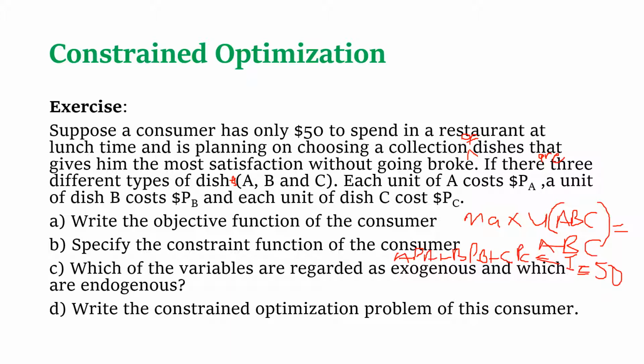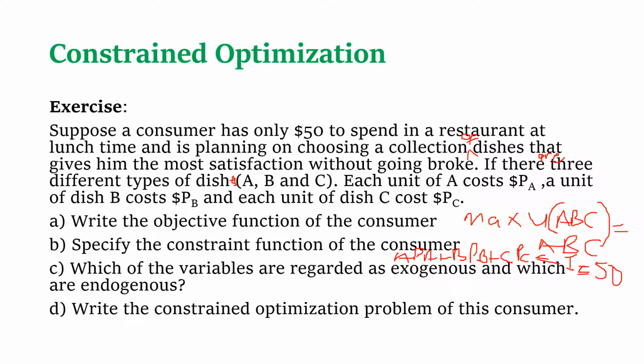All the prices here are exogenous because these ones are given. The endogenous variables here are just the amounts of A, B, and C dishes consumed. So you have three endogenous variables here, which are A, B, and C. Those three variables are determined within the system we are analyzing here.